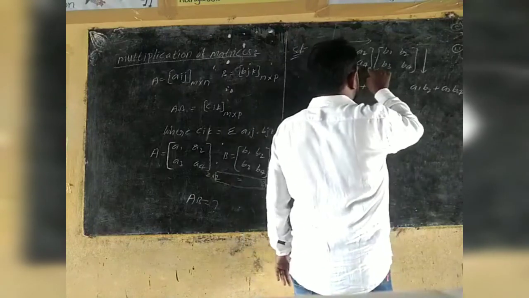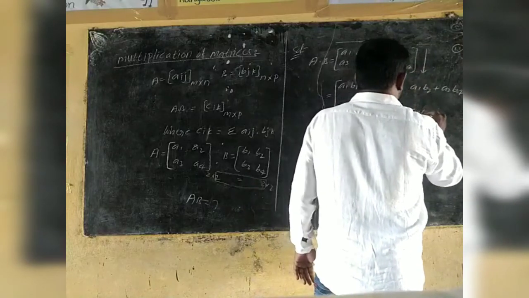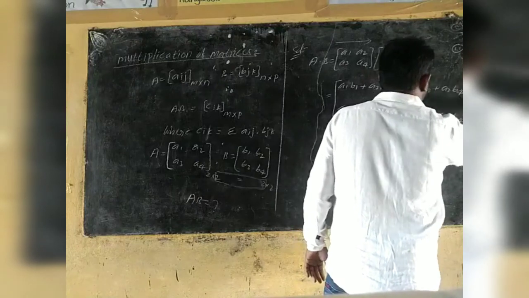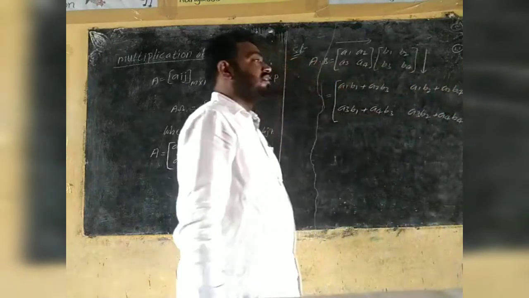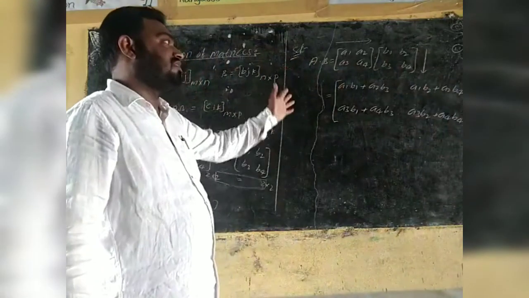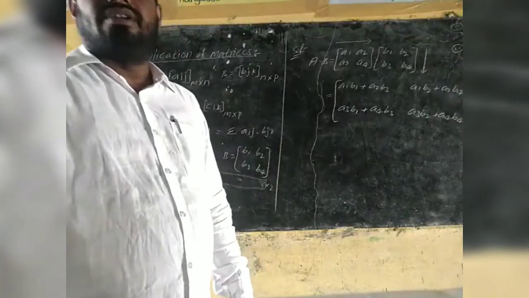Next, second row, second column: A3 into B2 plus A4 into B4. This gives the product of the matrices A and B. Once you observe clearly, you will get the idea. Okay, this is the product of the matrix.